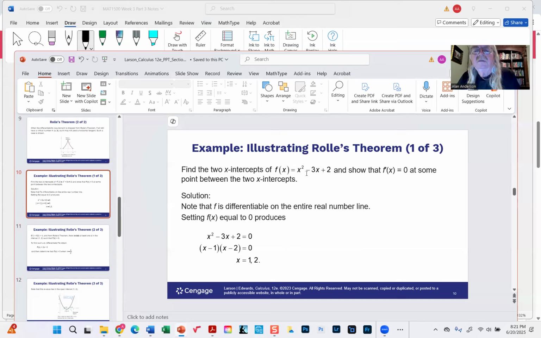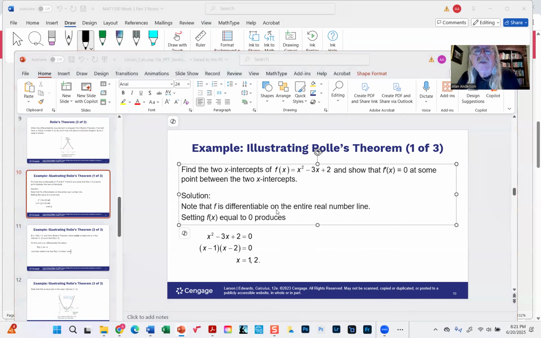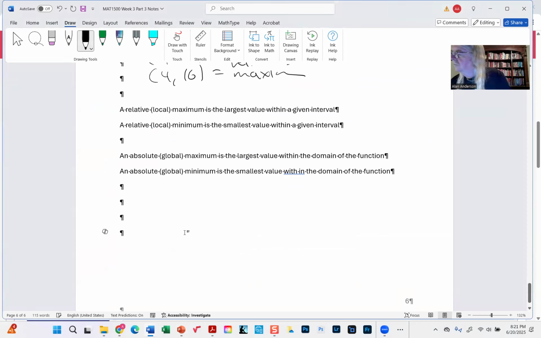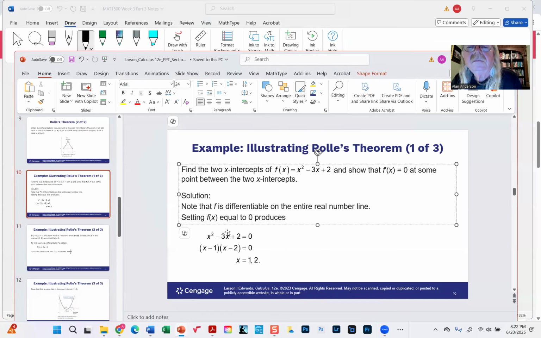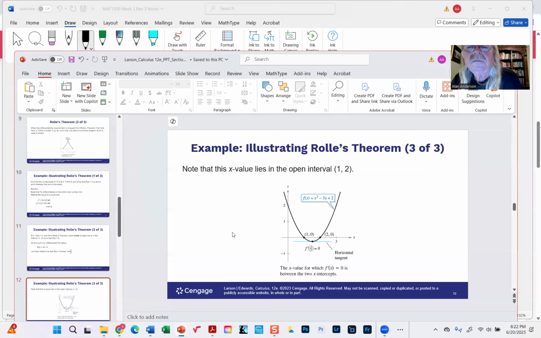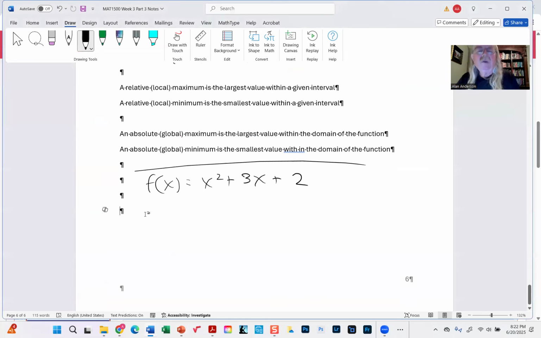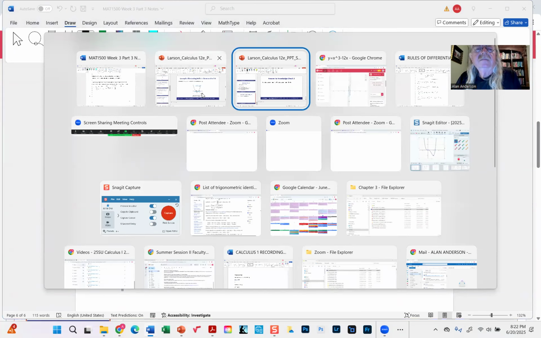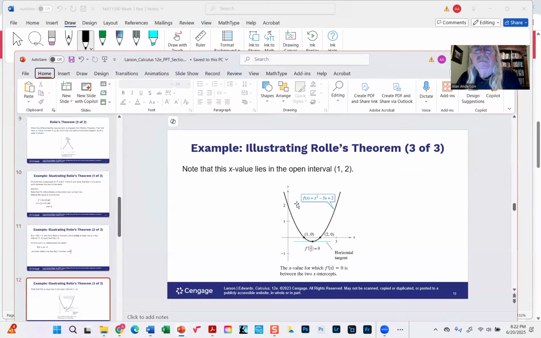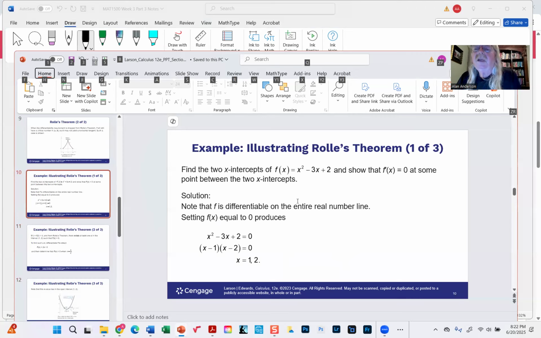Okay, so x squared minus 3x plus 2, and we're interested in the interval between the two intercepts.